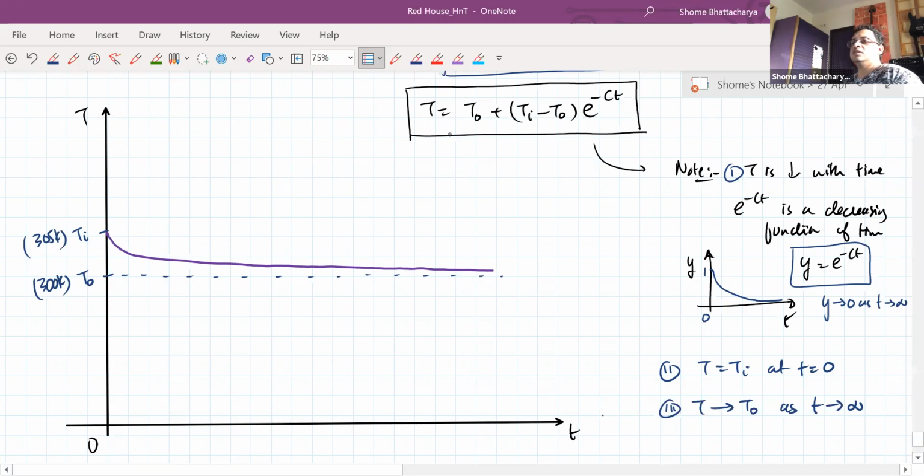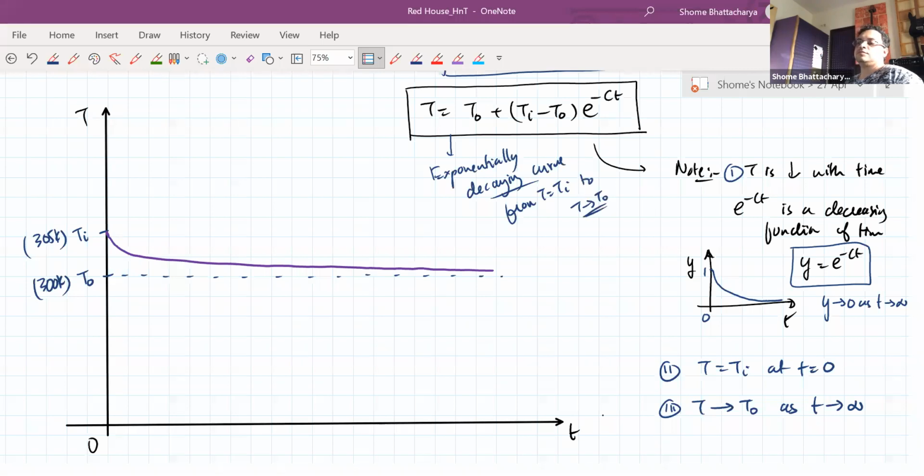So it's an exponentially decaying curve from T equal to Ti to T tending to the surrounding temperature.